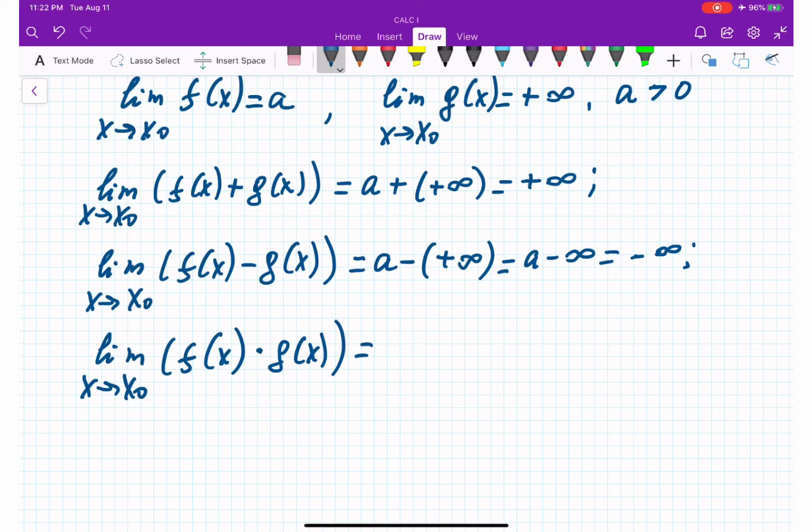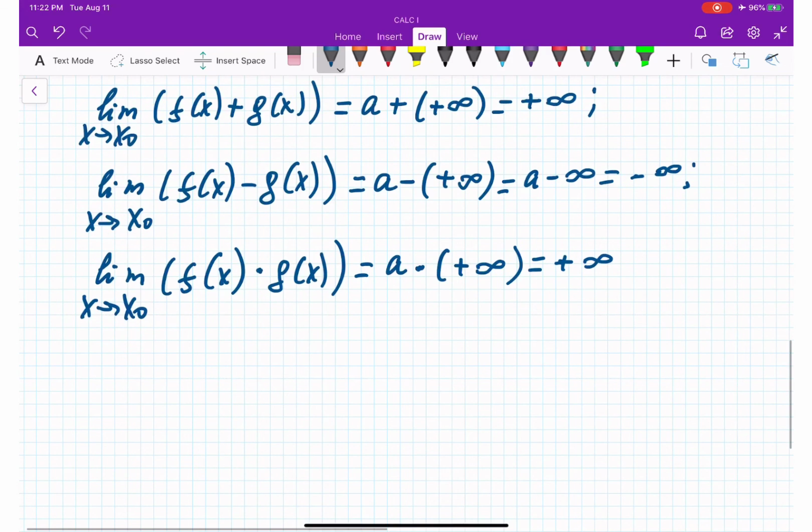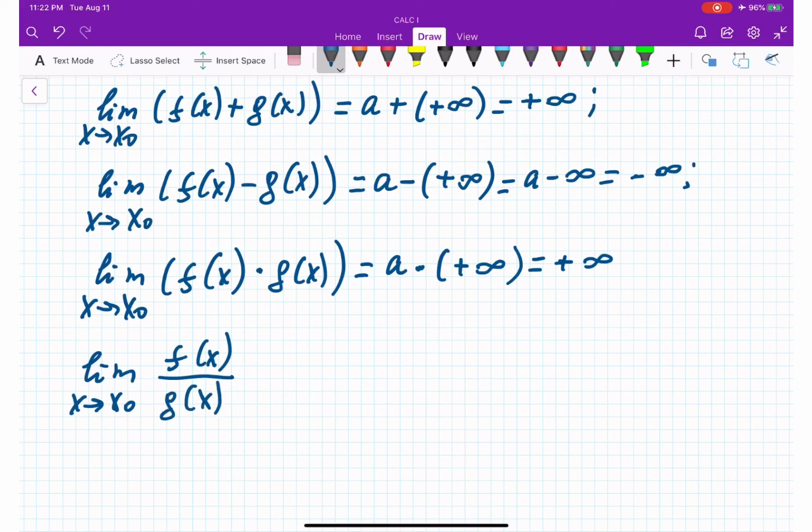Limit f of x is a times positive infinity, and the result is going to be positive infinity because a is greater than 0. Positive times positive is positive infinity. And next, the limit as x approaches x0 of f of x divided by g of x, the quotient rule.